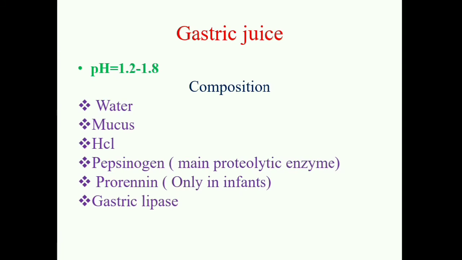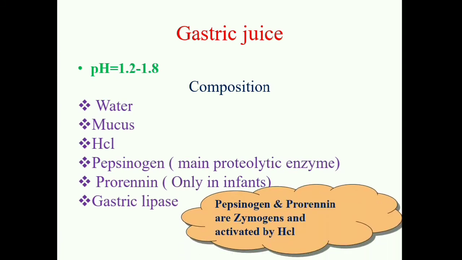It is gastric lipase. Let me tell you, pepsinogen and prorenin both are inactive enzymes. We also call them zymogens. And since they are inactive, they need to be activated, and that activation is done by hydrochloric acid. So hydrochloric acid is the activator of zymogens, inactive enzymes in stomach.